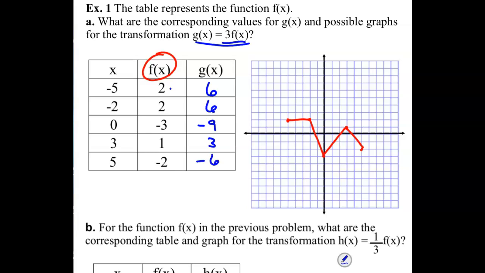Okay? So we're using the same x values, but now we're going to pair them up with our g of x values. Okay, so plot those points. So at -5, we are now up at 6.